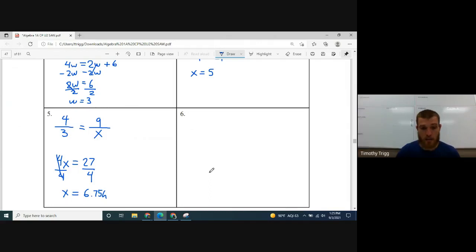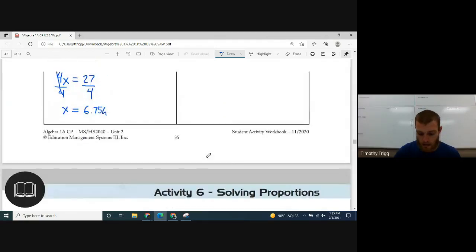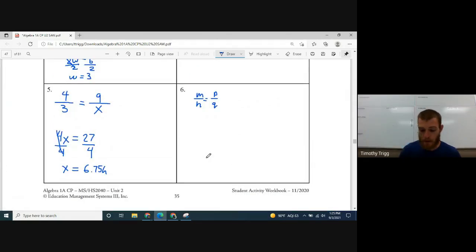Question 6. Use the proportion m over n equals p over q. And for questions 6, 7, and 8, it says find the extremes, find the means, and find the cross product.